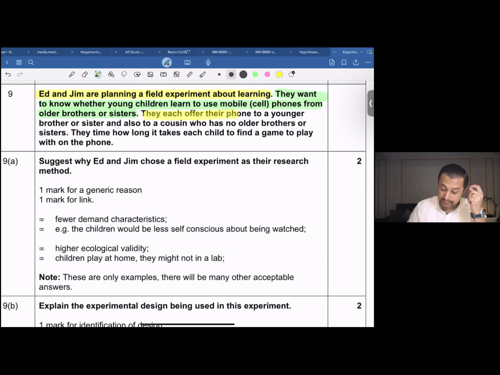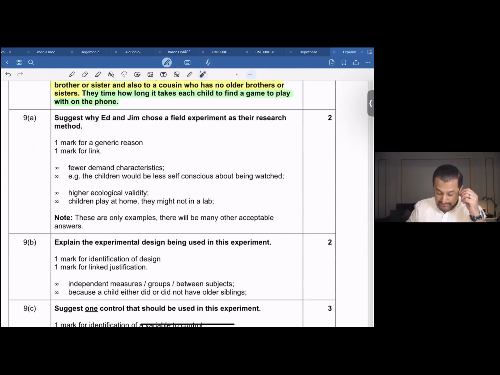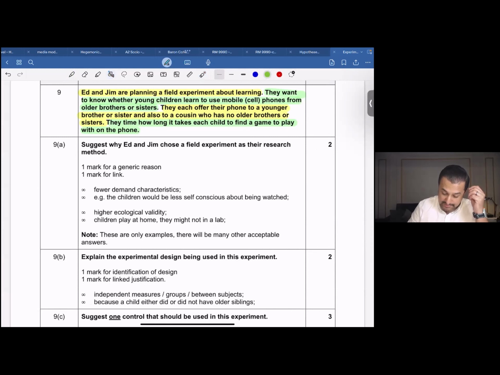They each offer their phone to a younger brother or sister and also to a cousin who has no older brother or sisters. They time how long it takes each child to find a game to play on the phone. There's a question here, but I'd like to skip this and move to the question on experimental designs.